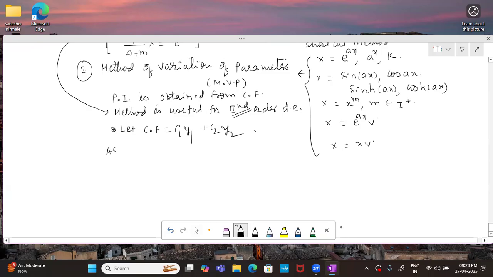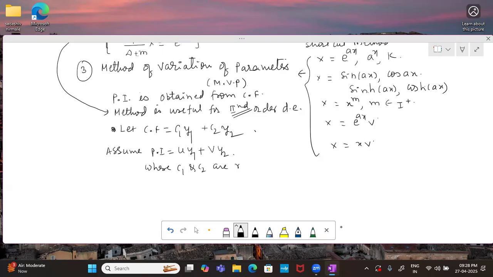Then assume PI is equal to U Y1 plus V Y2, where C1 and C2 are replaced by unknown functions U and V respectively.